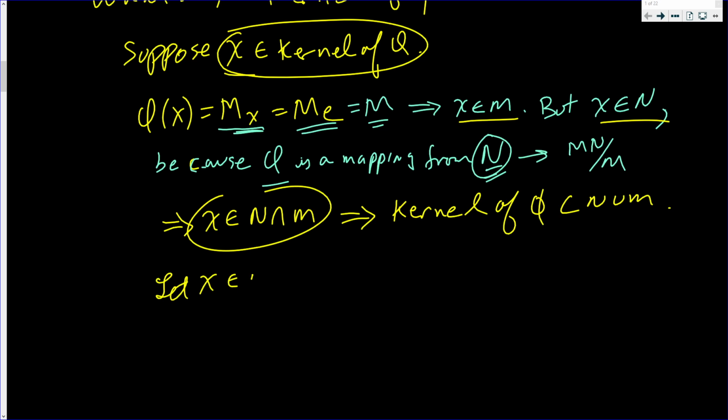Let x be in N intersect M, and we have to show that it is in the kernel. Now, phi of x is Mx.